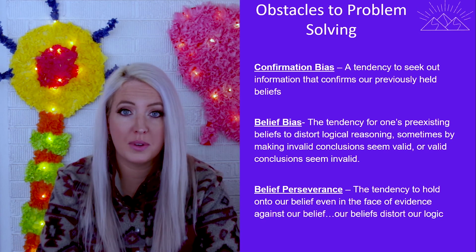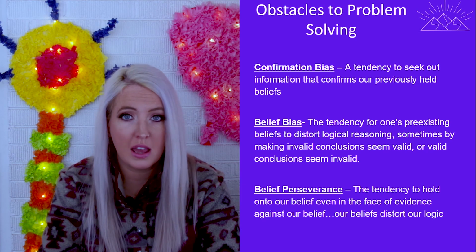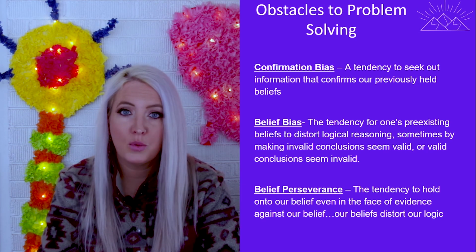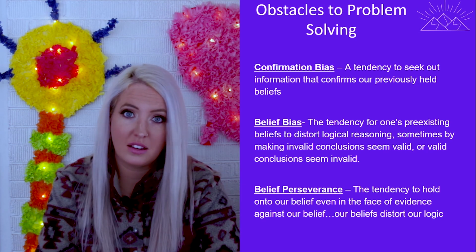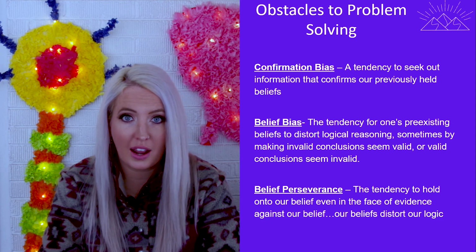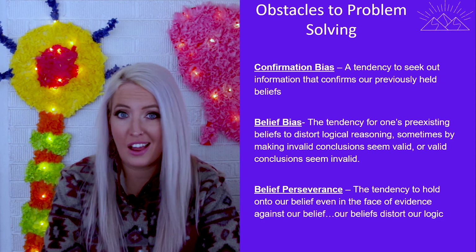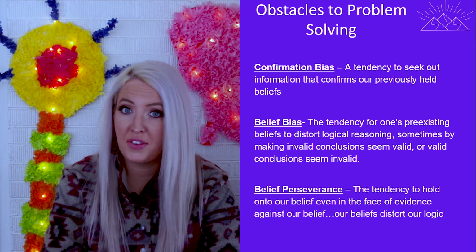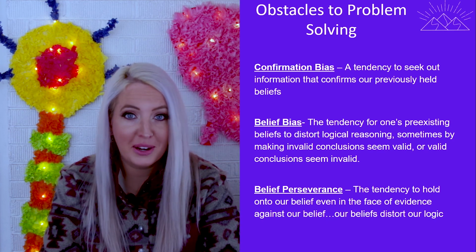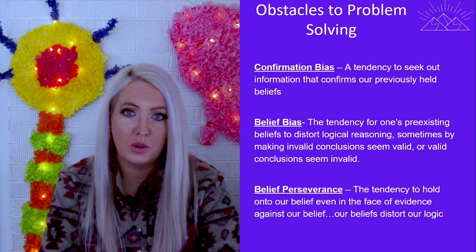Now, if someone were to present contrary information to me about this person, I would try to distort that evidence, try to change that evidence to say that it is not valid, that it is fake news, that it is whatever it might be, to hold on to my belief.